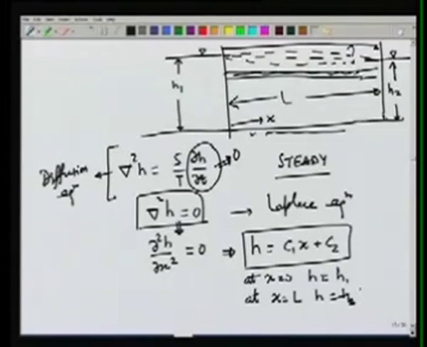So using these two boundary conditions, we can obtain the solution of this equation, which tells us that h is linear. So in this case, if we have a flow between these two water bodies, the piezometric head in the aquifer will vary linearly between h1 and h2.